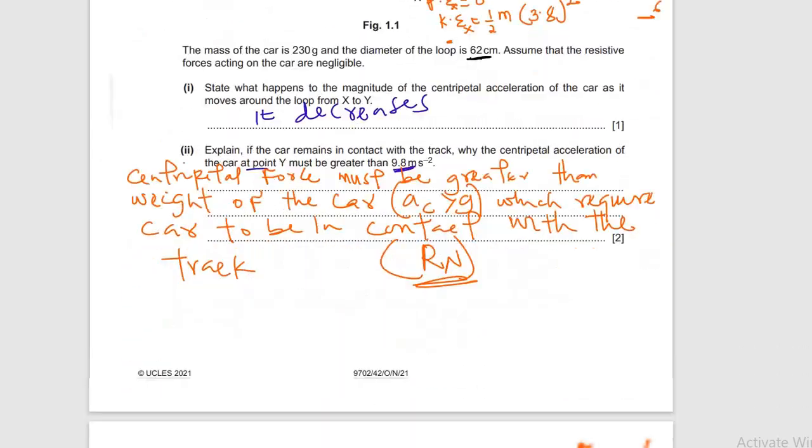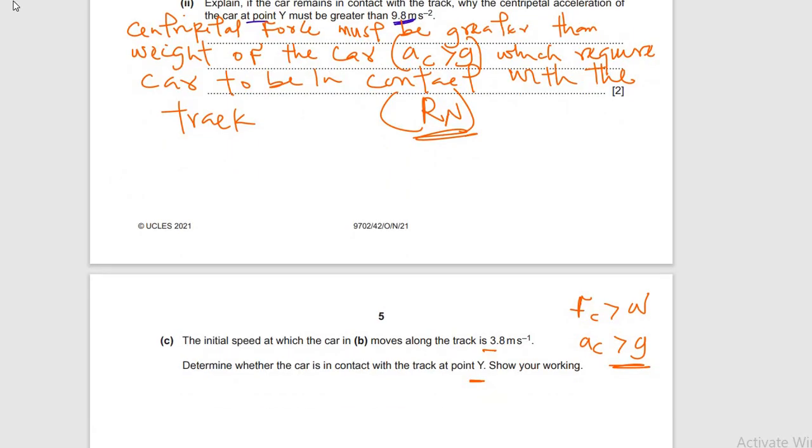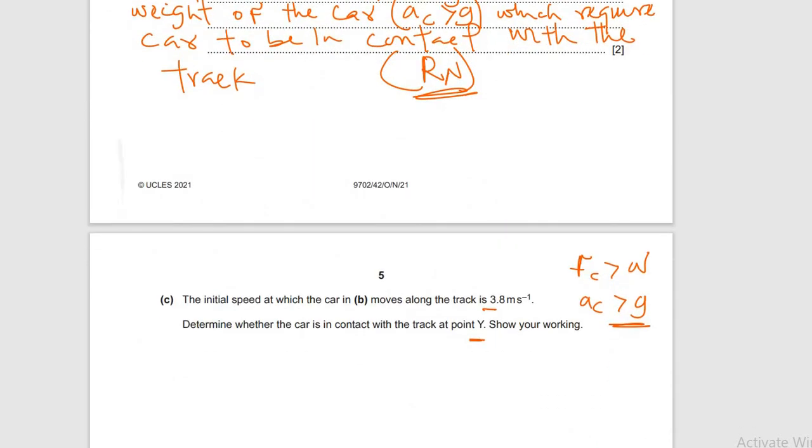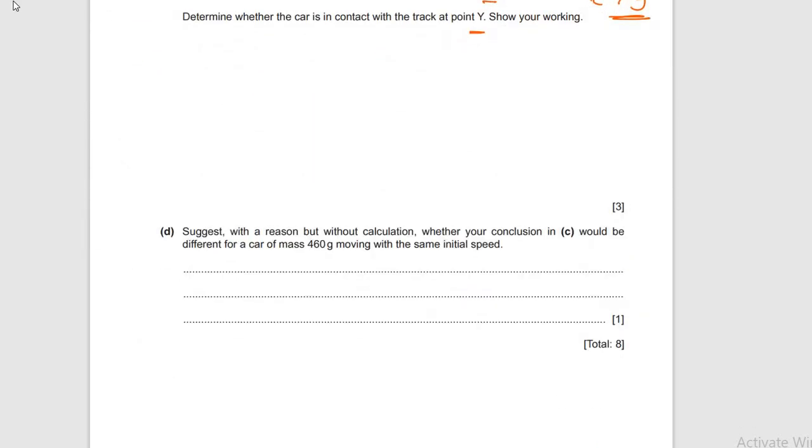From the principle of conservation of energy, total energy at x must be equal to total energy at y if resistive force is negligible, and the question initially said resistive forces are negligible.